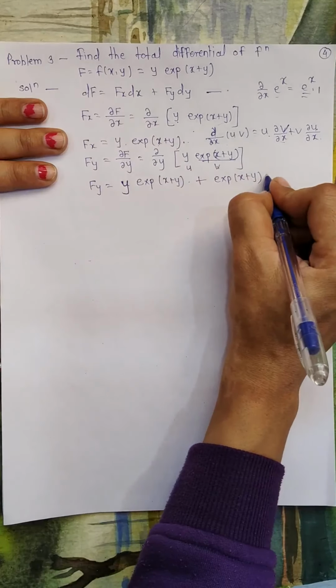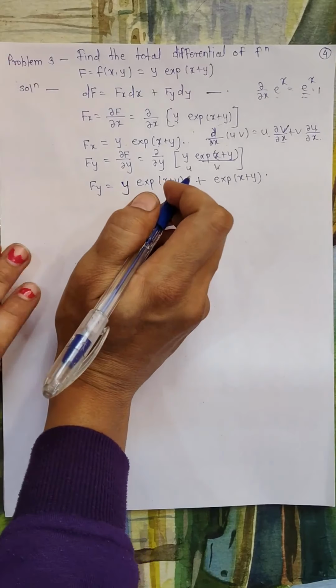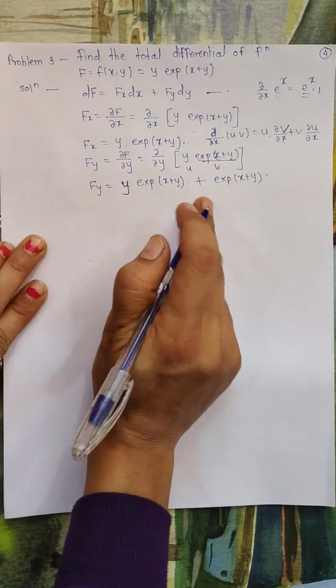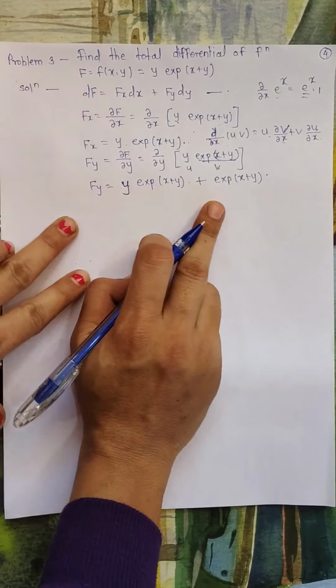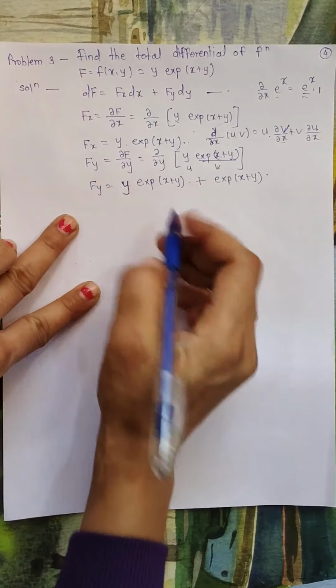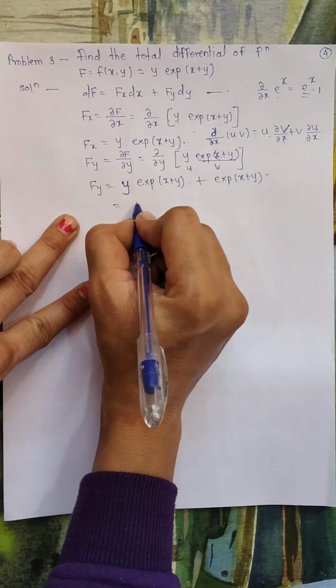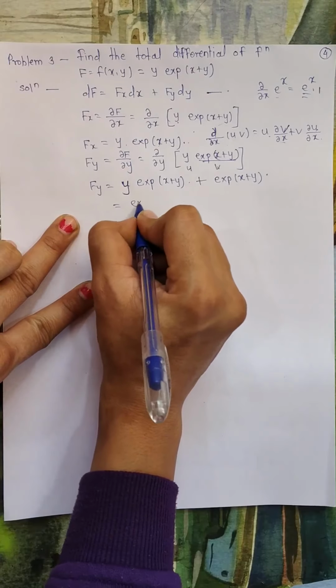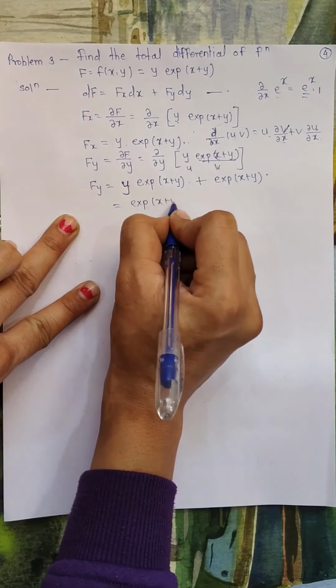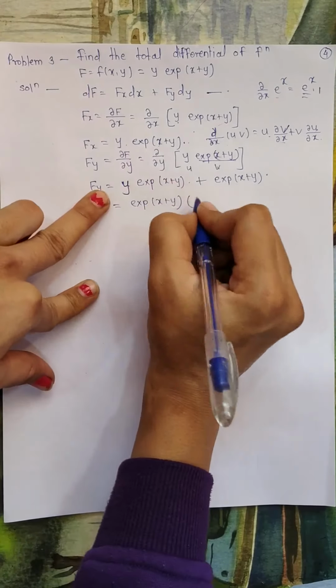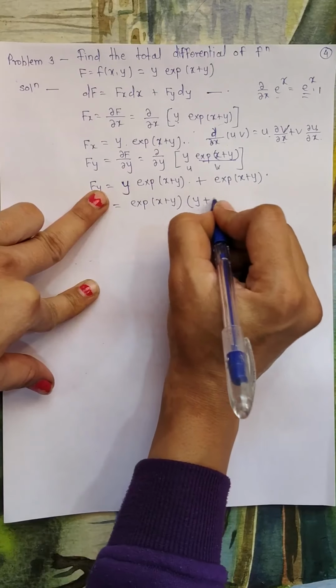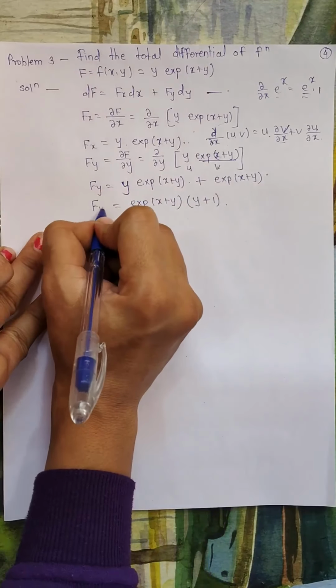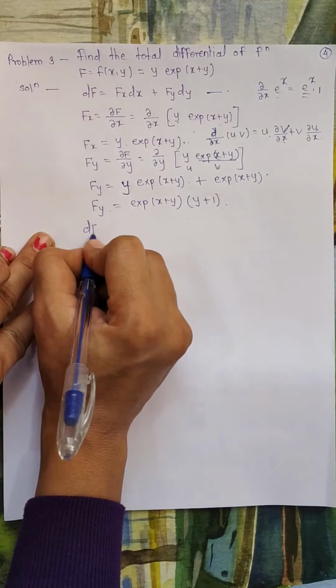So we will get fy as this. If we take exponential x plus y common, we will get y plus 1. This is our fy.